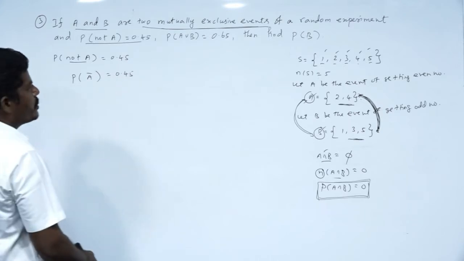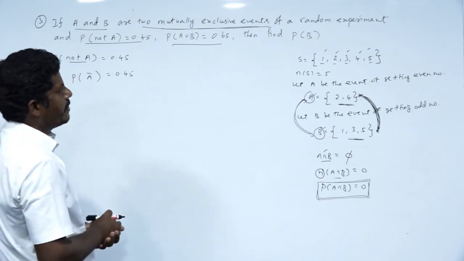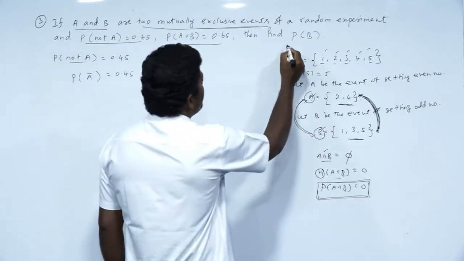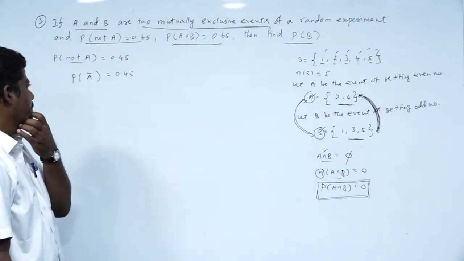Also given probability of A union B is equal to 0.65. Using these two, we want to find out probability of B.